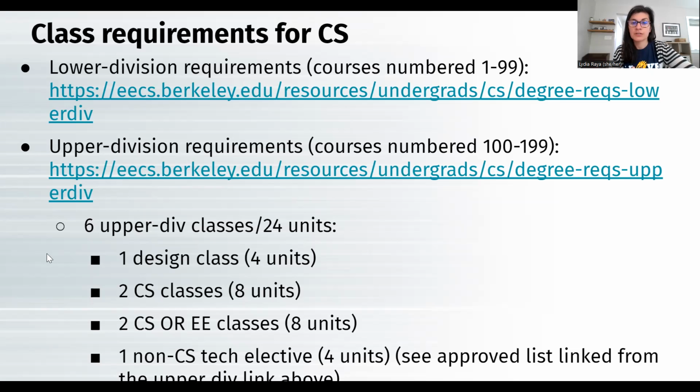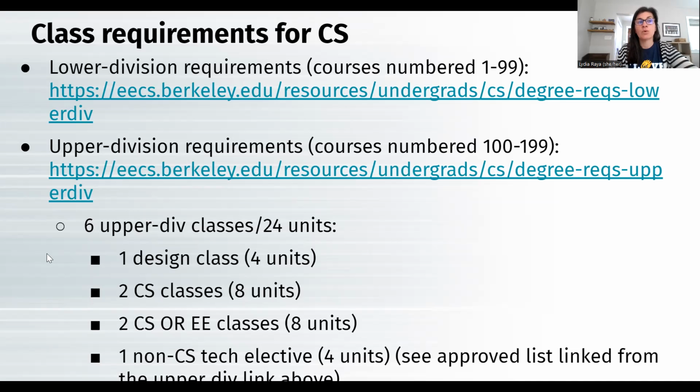Are all CS courses offered in both fall and spring semesters, or are some only offered in the fall or the spring? Great question. For the lower division, CS 61A, B, C, 70, those are basically always offered fall, spring, and even summer. Sometimes, for CS 70, we can't find an instructor over the summer. But it's when you get to the upper division that it's really going to depend.